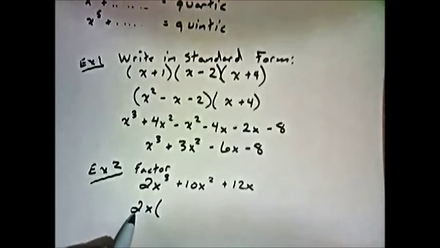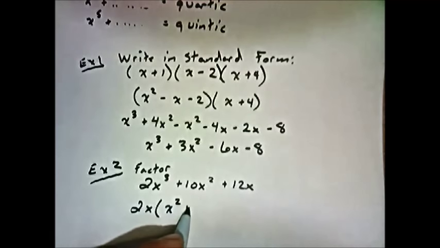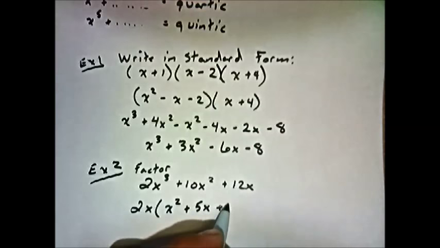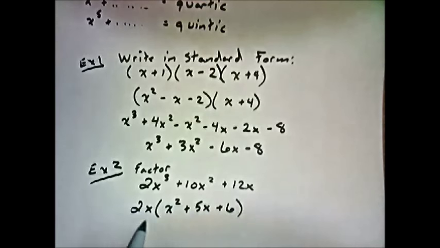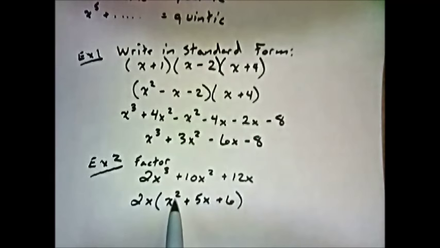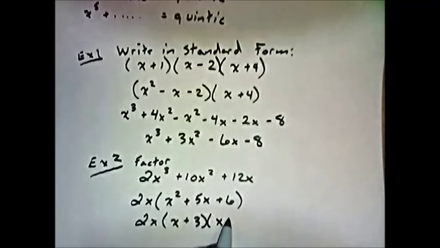So we're going to have 2x on the outside of our quantity, and we'll be left with x squared plus 5x plus 6. Remembering, if I distribute this 2x back through, I would end up with what I originally started with. Continuing to factor my trinomial, I have 2x times x plus 3 and x plus 2. And this is our factored form of this cubic function.